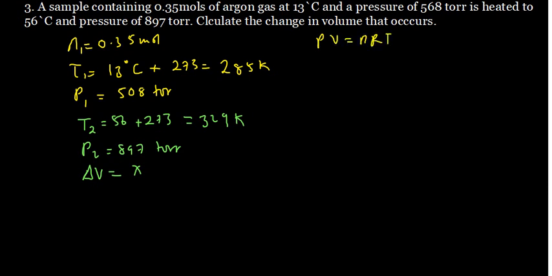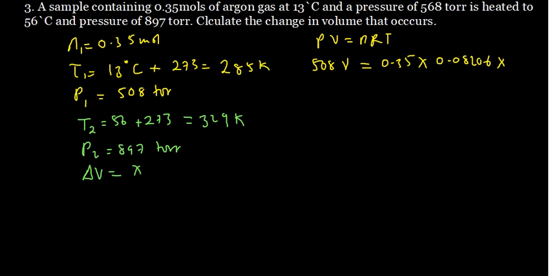So at the first pressure given, that is 508 torr, multiplied by volume, that will be equal to number of moles, which is 0.35, multiplied by the universal gas constant. We are going to use 0.08206, depending on the units that we have, right? And then also multiplied by the temperature.